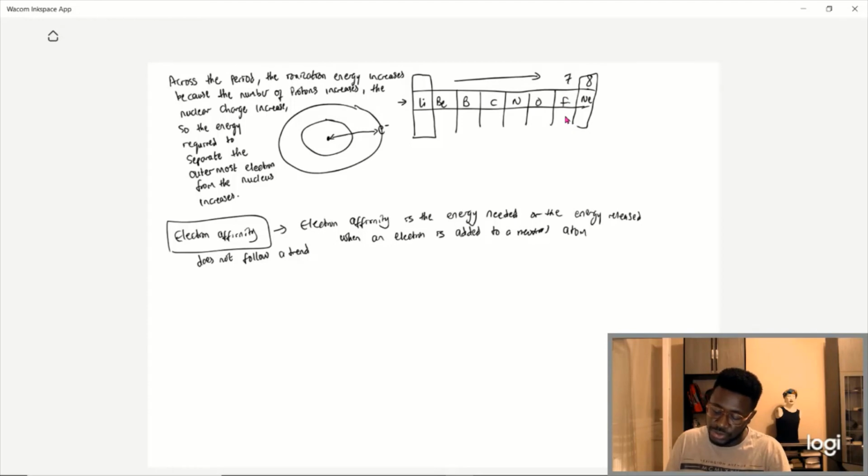So I'm going to show you here. Cl plus electron gives you this energy, which is the electron affinity. And this is going to be negative because you're releasing energy.